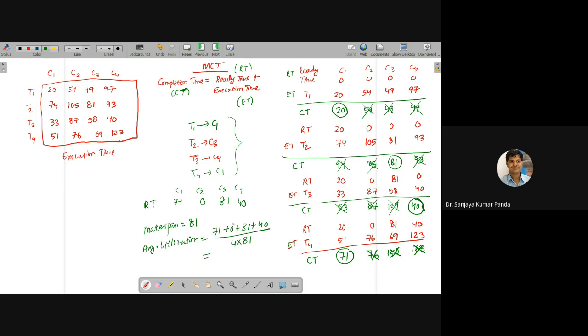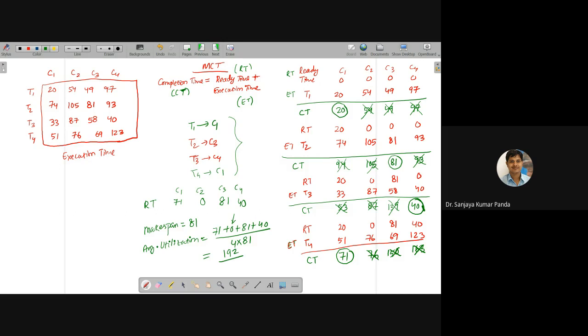Many people skip this machine, but you include it. As we have not assigned any task to C2, they skip it, but you need to consider it, because as a system it contains 4 different machines or 4 different clouds. So 71 plus 81 plus 40 is, I think, 192.